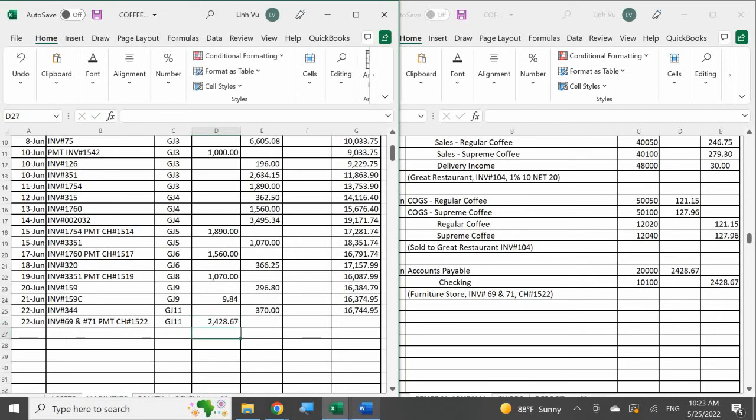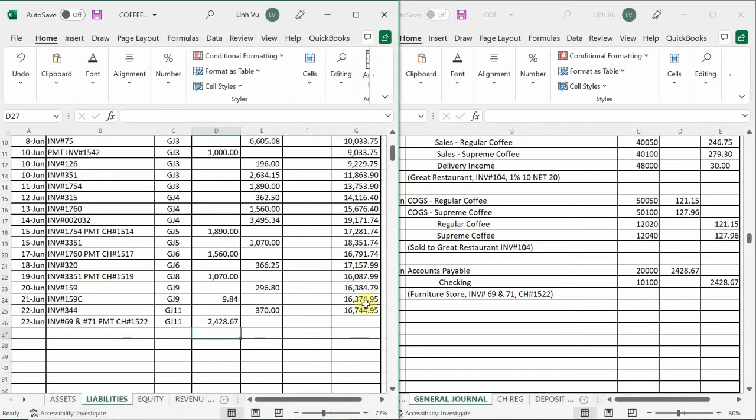Okay? So how much do I owe now if I paid off $2,428.67? We minus the 2,428.67 from the balance, correct?